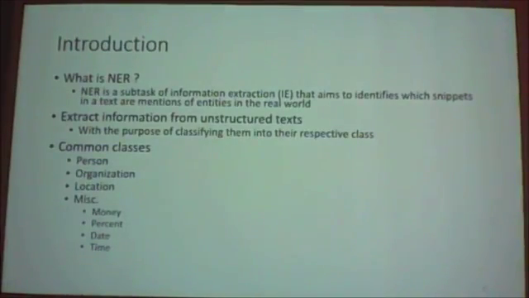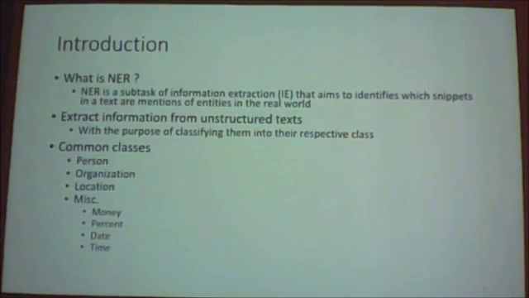Okay, what is name entity recognition? Name entity recognition is a subclass of information extraction that aims to identify which snippets in the text mention entities in the real world.